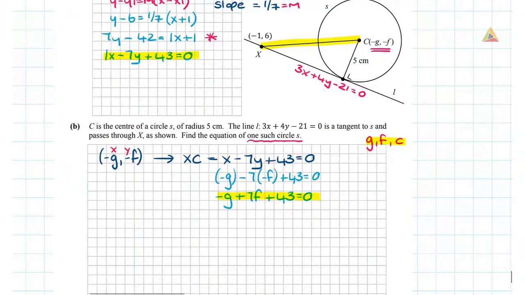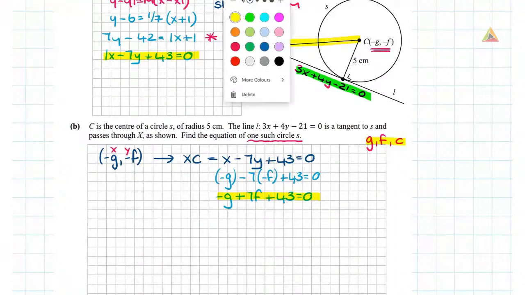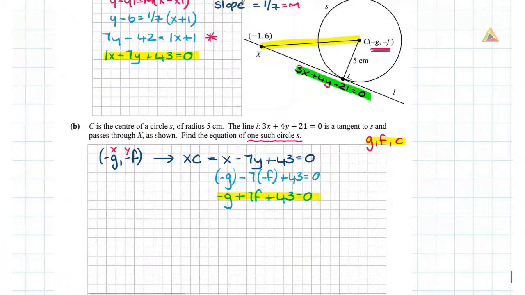We're also given this piece of information here. We're told that that line is definitely a tangent to the circle. You can clearly see that the perpendicular distance from the centre to that line is equal to 5, which is equal to the radius.